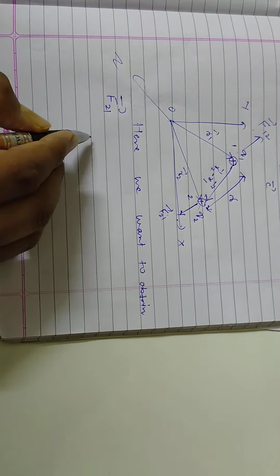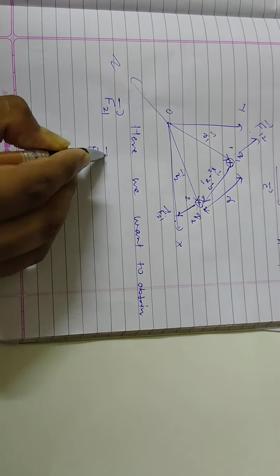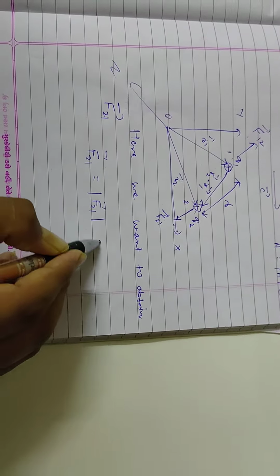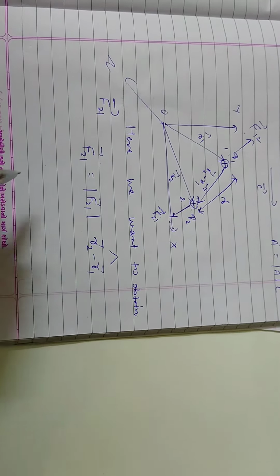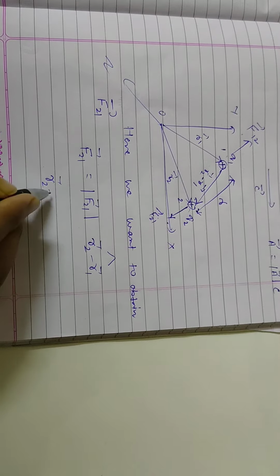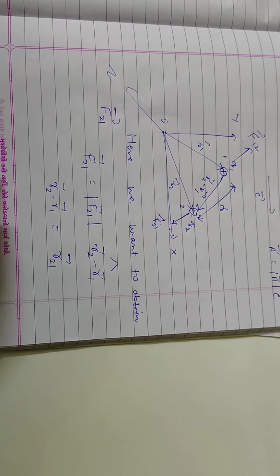That's why, according to the vector formula, we can write vector F21 equals mod of F21 into the cap of vector R2 minus R1. As per the vector definition, vector R2 minus R1 is also denoted by vector R21.